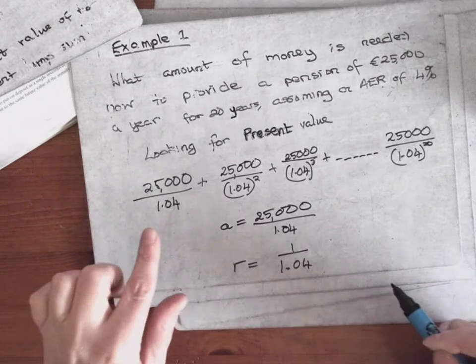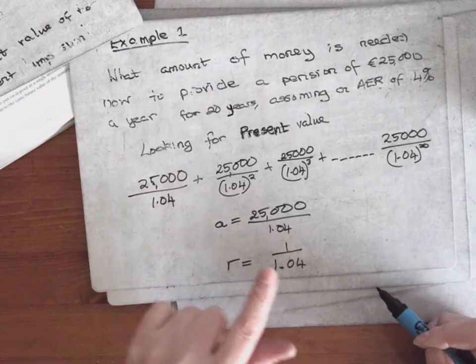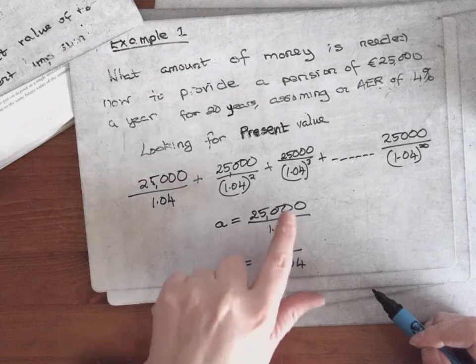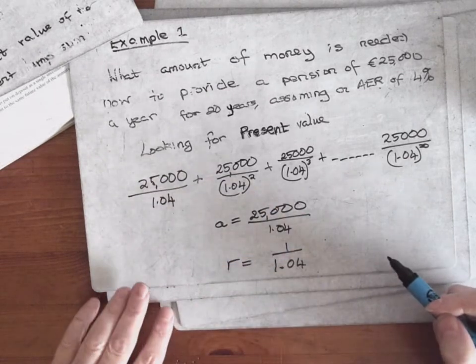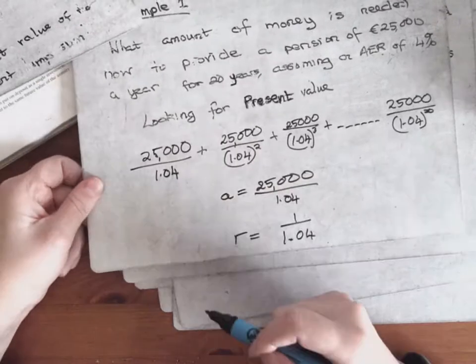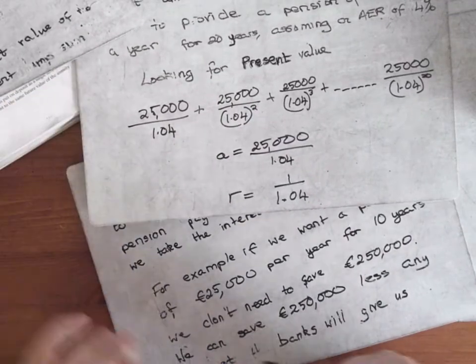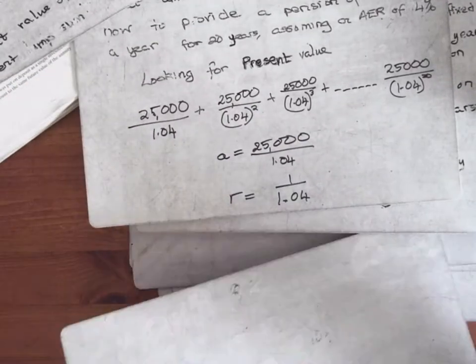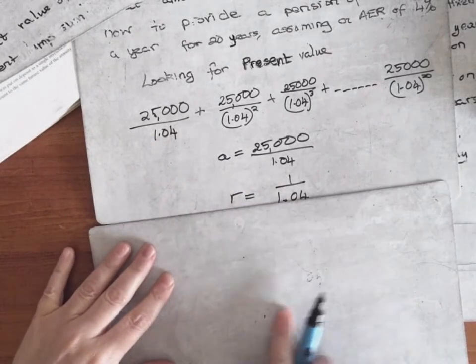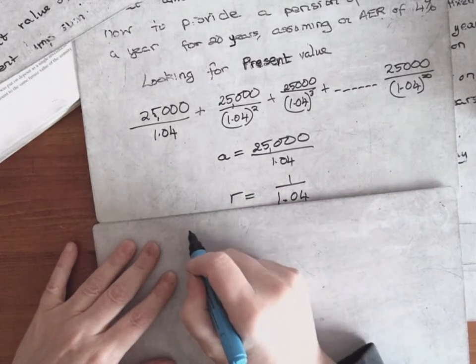So if I multiply the first term by that, I'll get the second term. Multiply the second term by 1 over 1.04, you get the third term, and so on. So there's R. And S_N is how much money I'll need to have in that account at the very start.